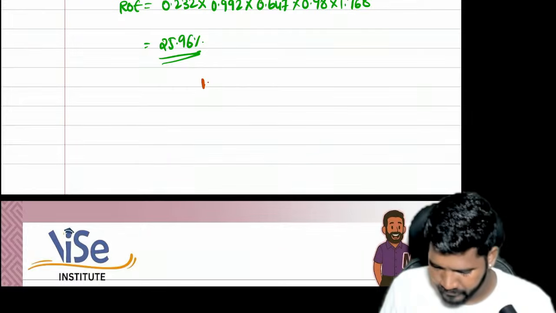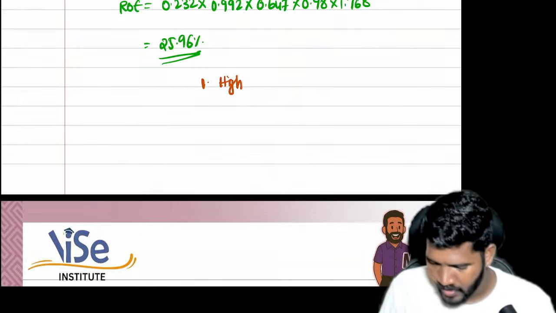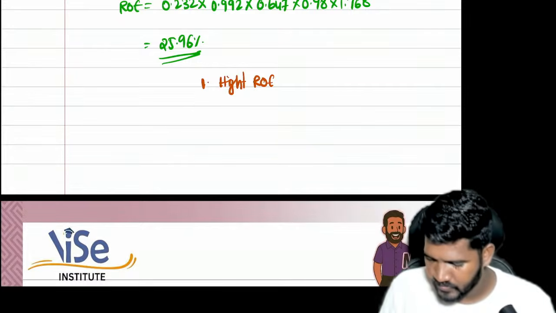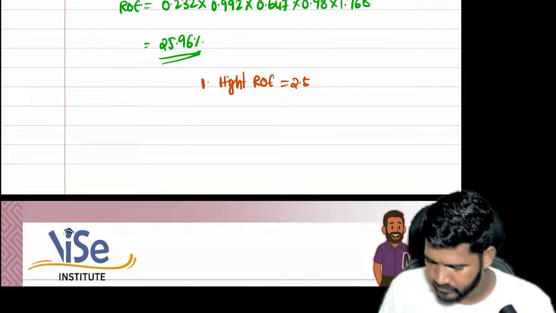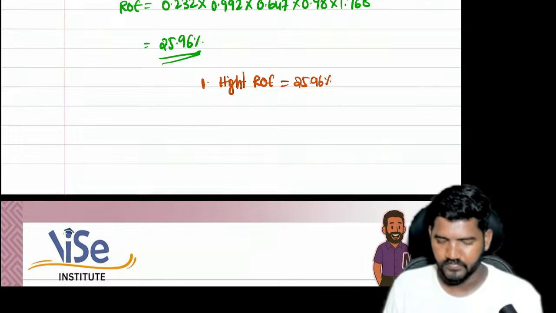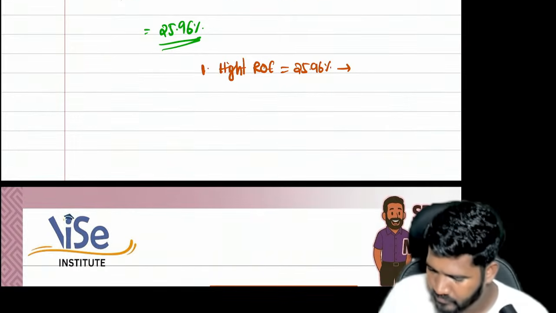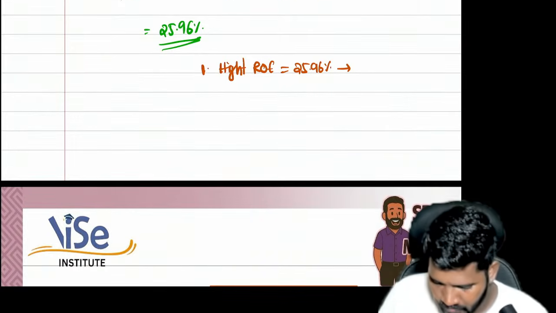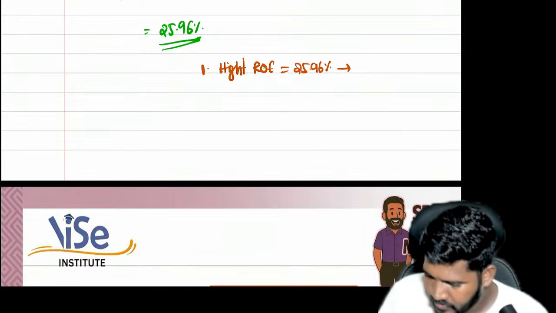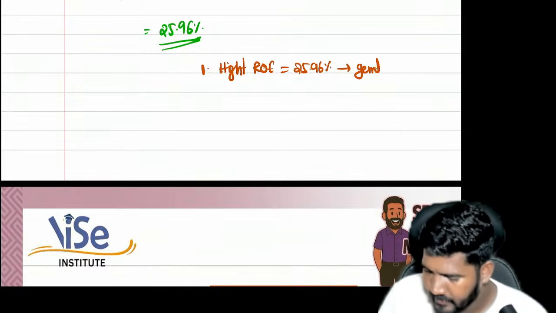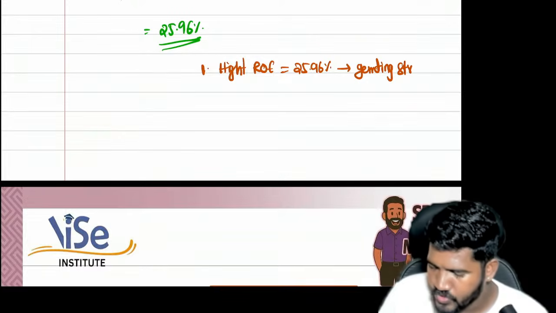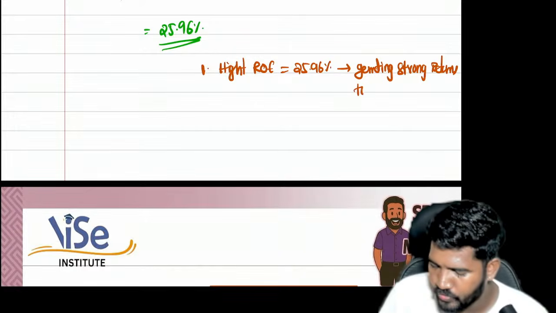Next point, high return on equity, that is 25.96%, means generating strong returns to its equity shareholders.